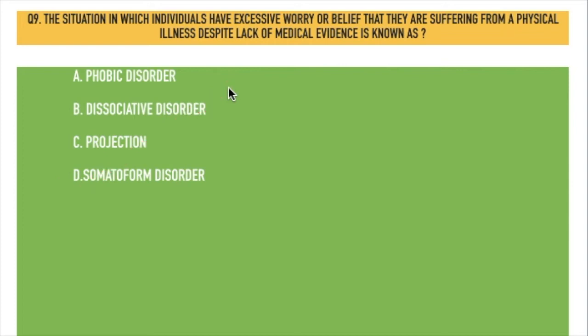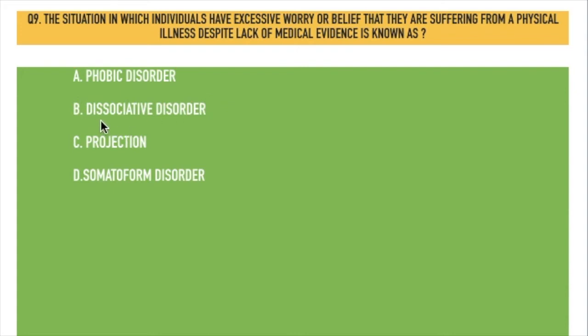And let's check the other options. What is phobic disorder? Phobic disorder is a phobia or anxiety arising due to irrational fear of the sight of some objects. Patient may have fear of flowers, insects, or light, whatever it is. That is phobic disorder.